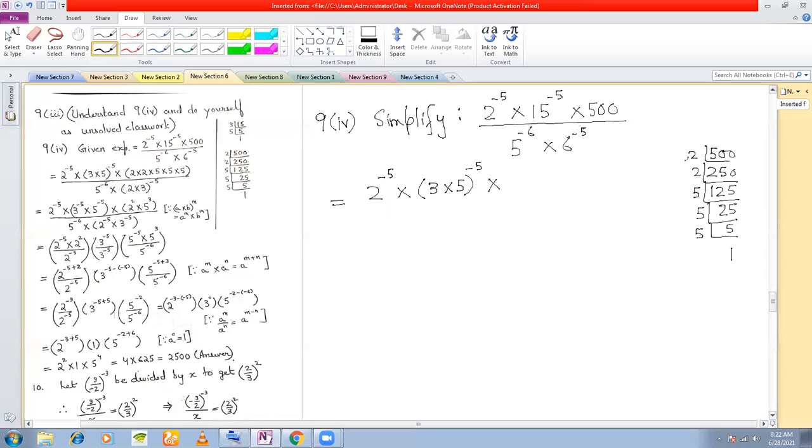So that means how much are you getting? 2 into 2 into 5 into 5 into 5 divided by 5 to the power of minus 6. You cannot prime factorize 5, so you write 5 to the power of minus 6 as it is. 6 you can prime factorize as 2 into 3. Okay, this step clear to everyone?